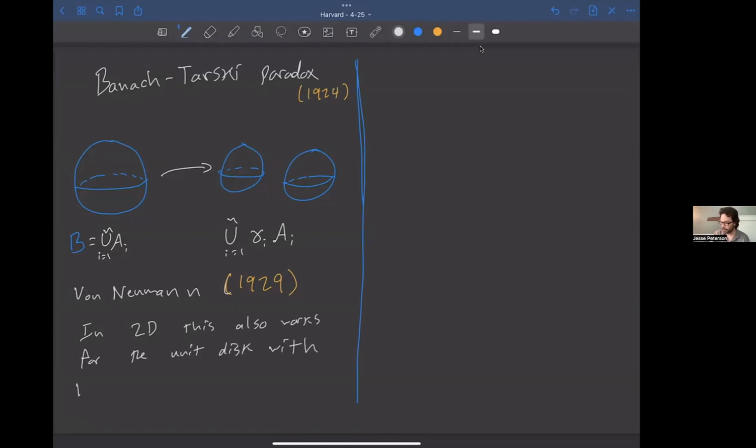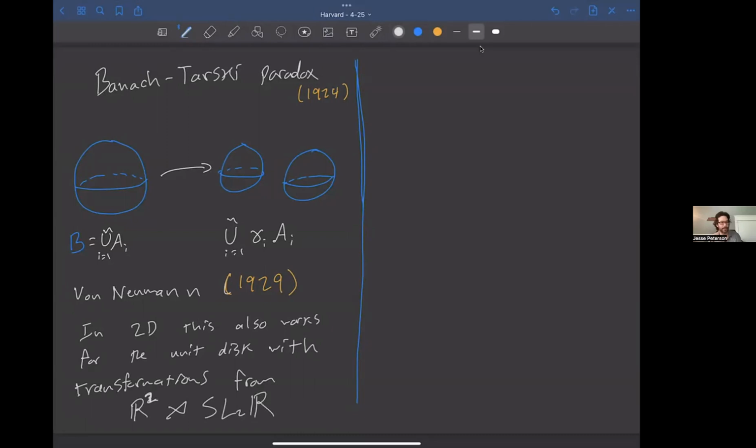With transformations from volume preserving transformations, you can take scaling transformations, and then you can also apply elements of SL2R.